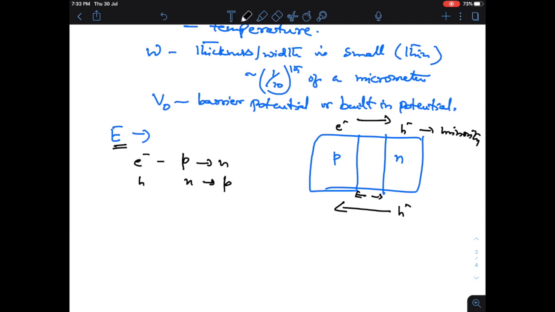This motion of minority carriers due to the field developed constitutes a current, and we call it drift current. They are drifting on either side because of the field developed. Now this is the direction of hole drift and this is the direction of electron drift.